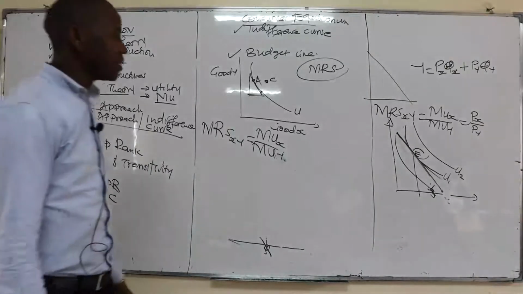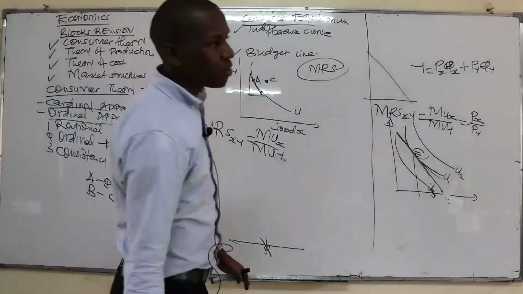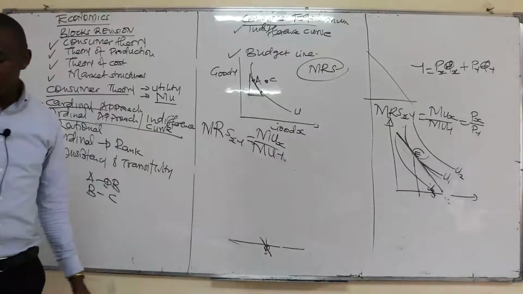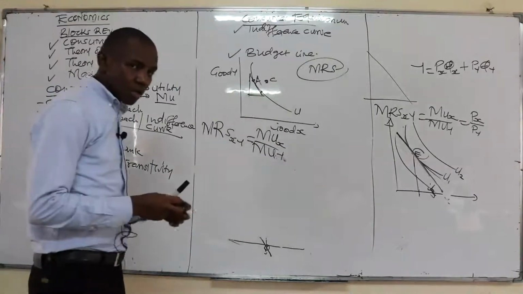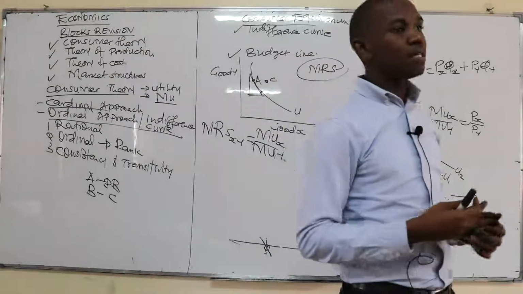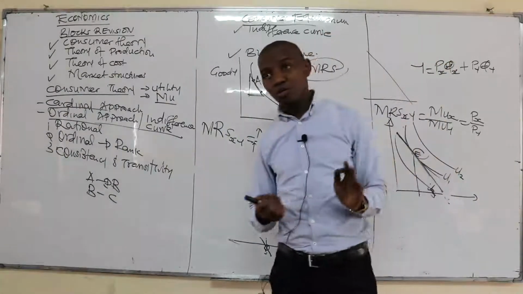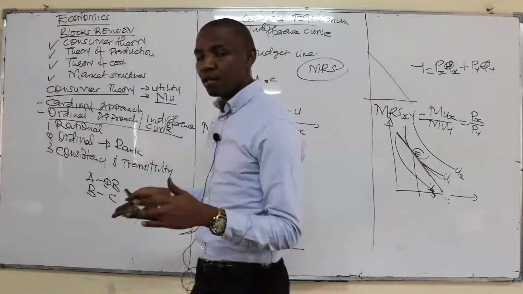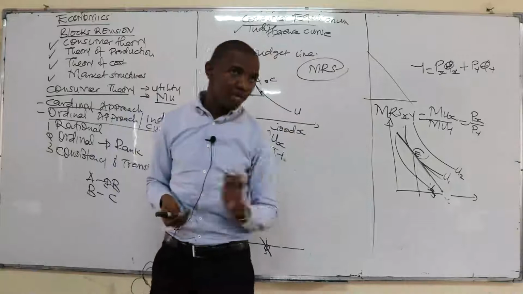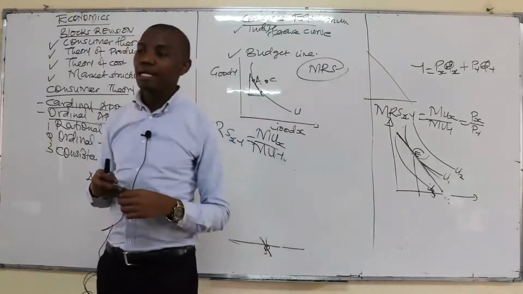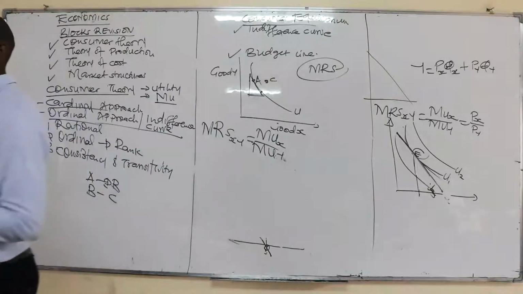So at your own time, make sure that you also know the effects of price changes on our consumer equilibrium, and also the effects of changes in income on our consumer equilibrium. You should know how they come up with what we call the income consumption curve, that is, the effects of changes in income on consumer equilibrium.